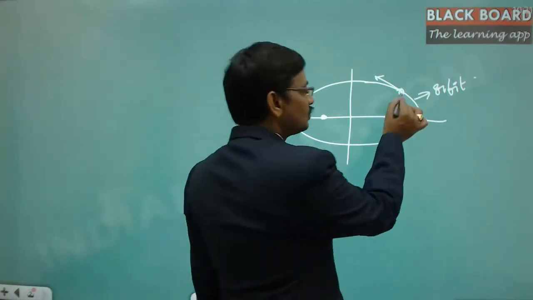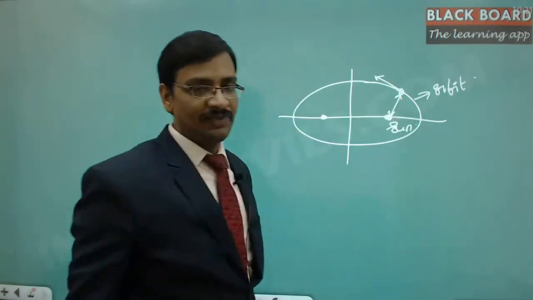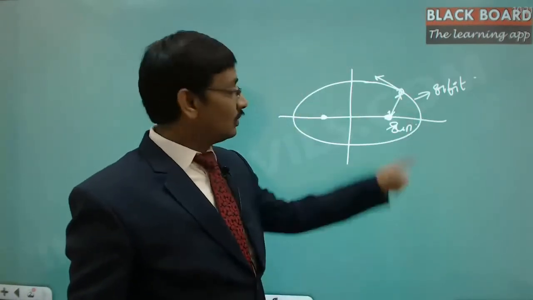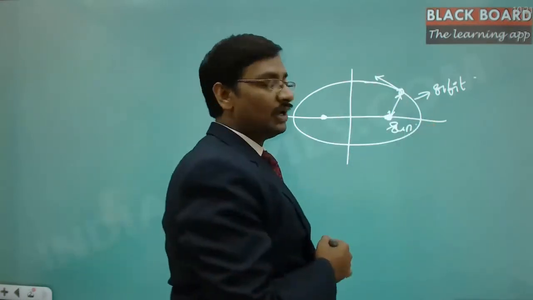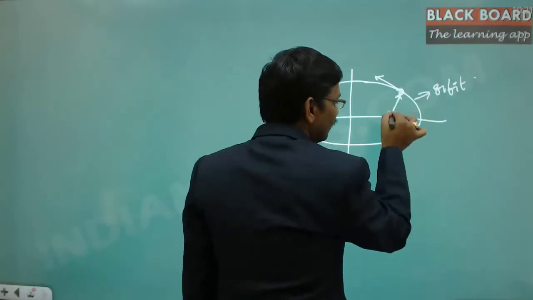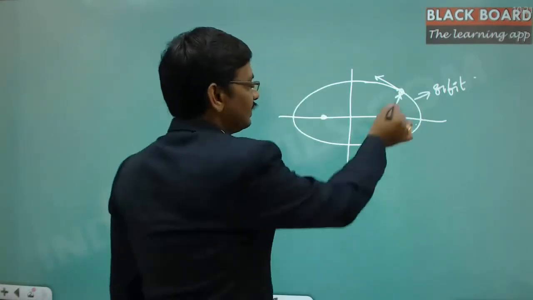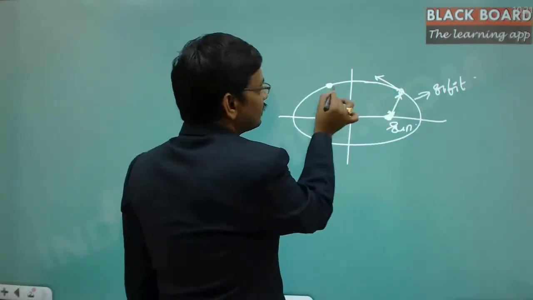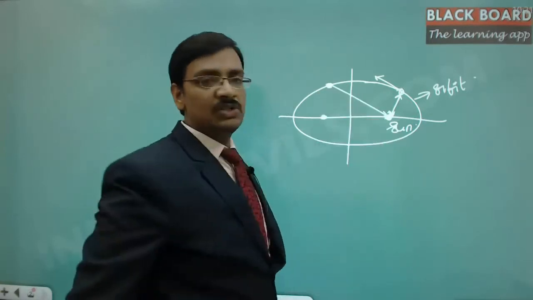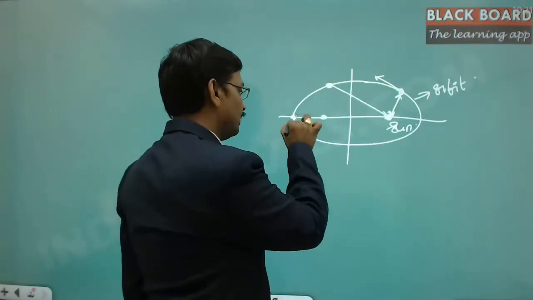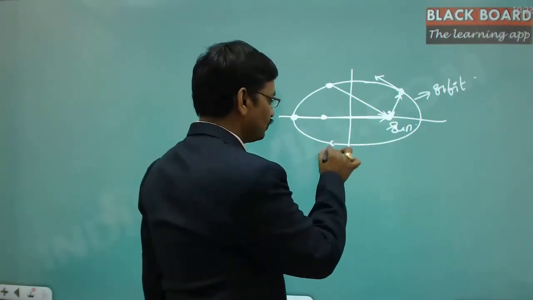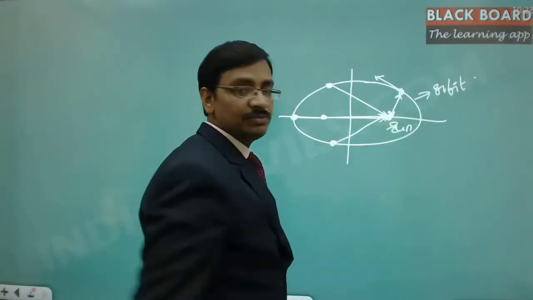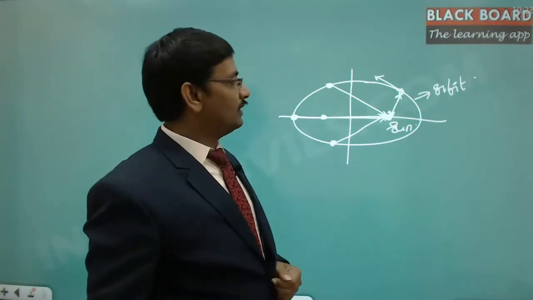Now this is a mutual force. The sun is heavier and the earth has the least weight, so that is why the earth starts rotating, not the sun. Let us say the earth moves to this location. Still there is a force of attraction between these two. Suppose the earth moves here, there is a force of attraction between these two, and if the earth moves here, there is a force of attraction in this direction.